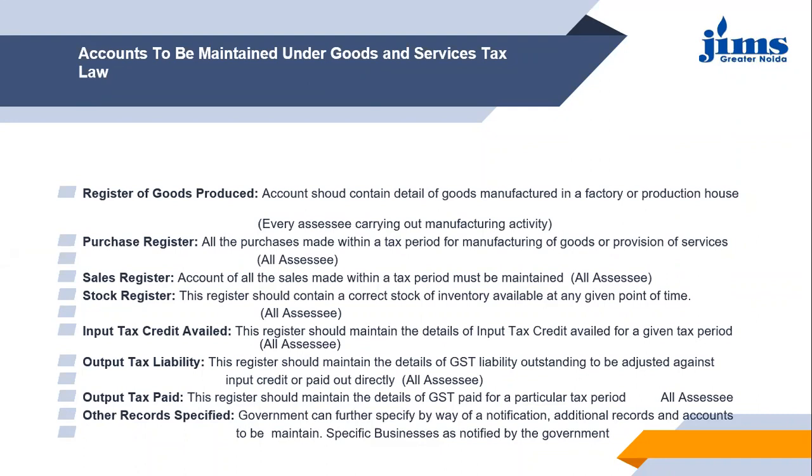Output tax paid is whatever part of the liability you have already paid, and other specific records that talk about GST compliance, like tax paid to the government, tax received by the recipient, or tax paid to the supplier. All these records you need to maintain here.